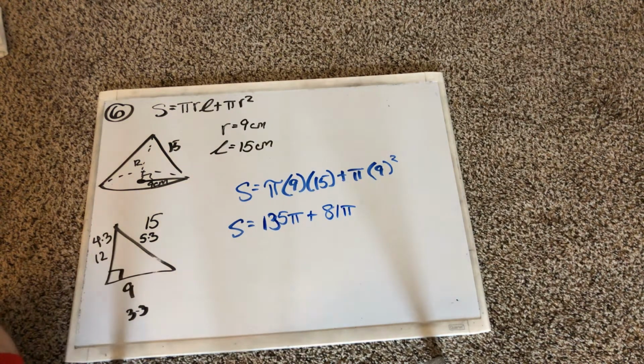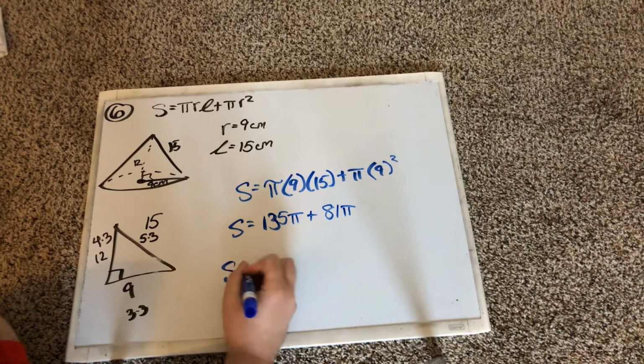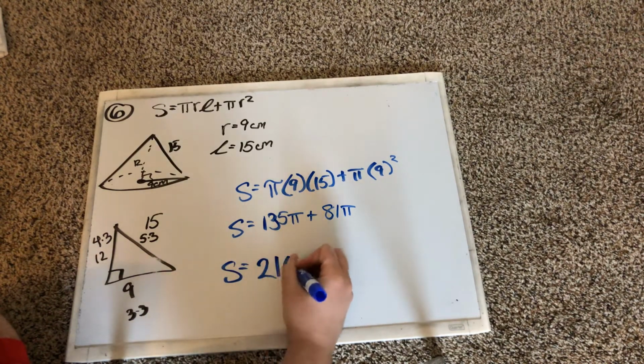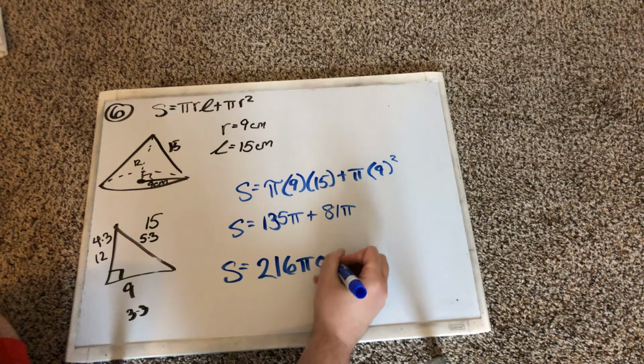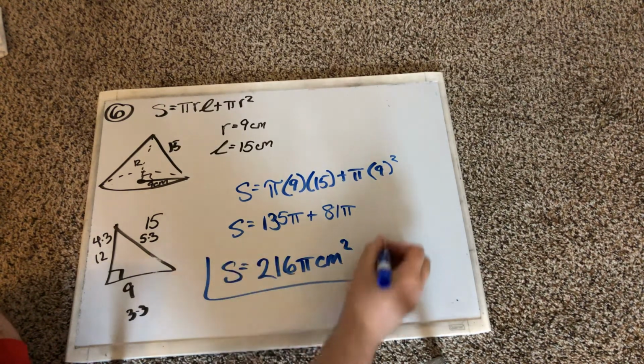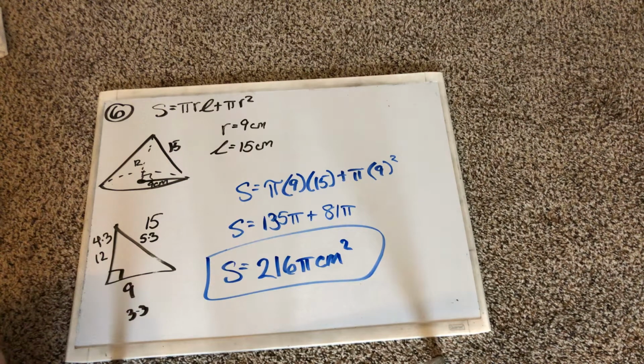And 135 plus 81 is 216 pi centimeters squared. Don't forget those centimeter squareds. Units are important. Units matter too.